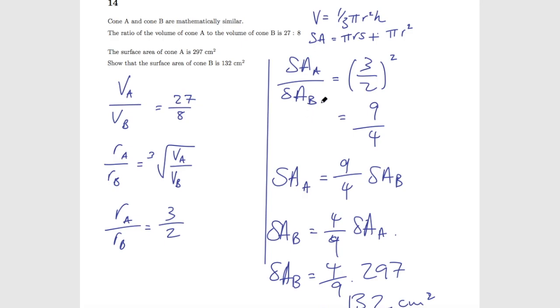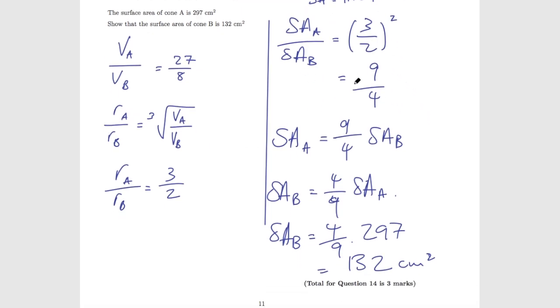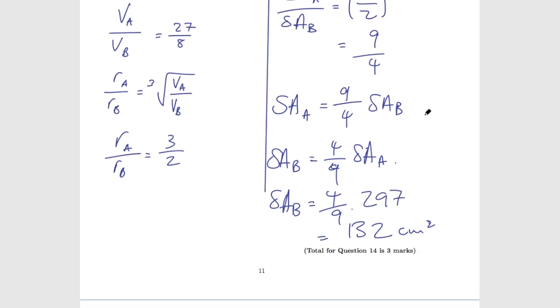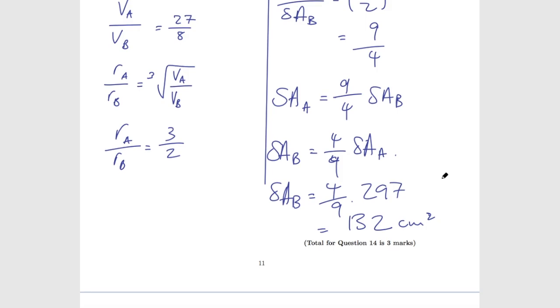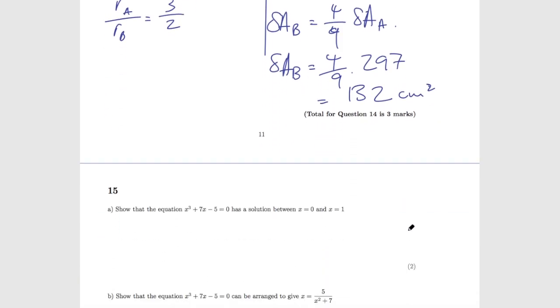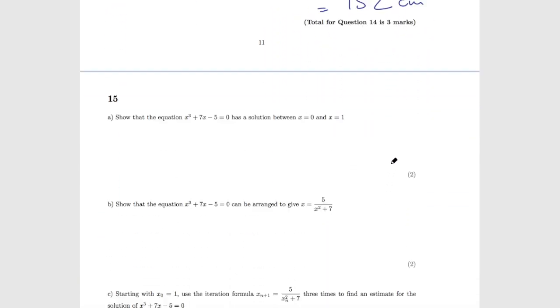I didn't show you why that works. I've left that up to you. See if you can work that out yourself using a similar method to what I did with the volumes compared to the ratio of the sides. And then I took that ratio of the surface areas to work out the surface area of B, which was 4/9 the surface area of A, which is 132. Okay, and that's only worth 3 marks.